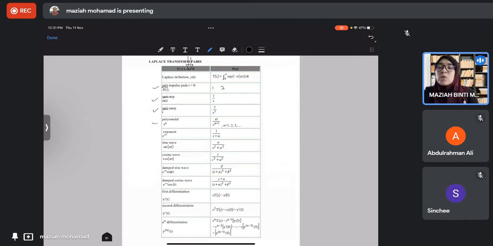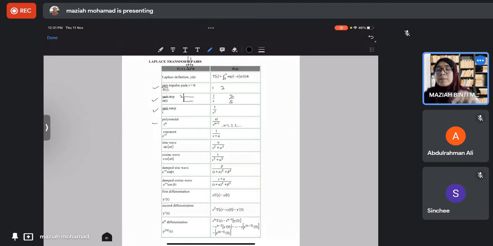The same goes for the step input. Because it is a unit step input, in Laplace the function becomes 1 over s. If the magnitude is 2, then in Laplace it will become 2 over s. It is 1 over s when the unit is 1.